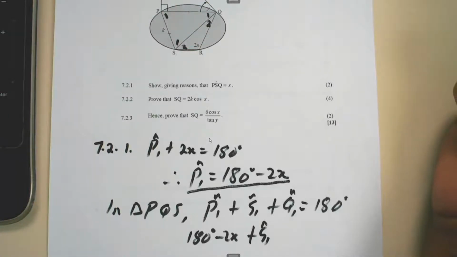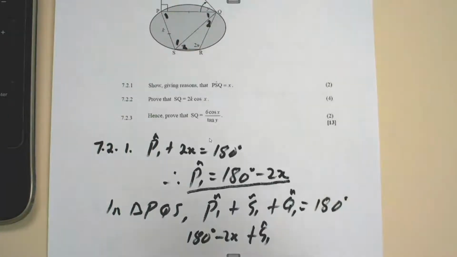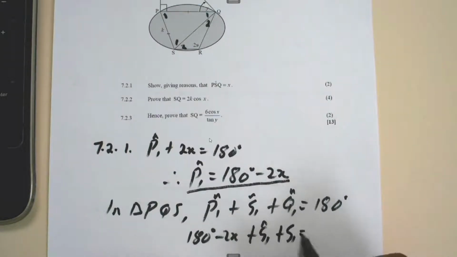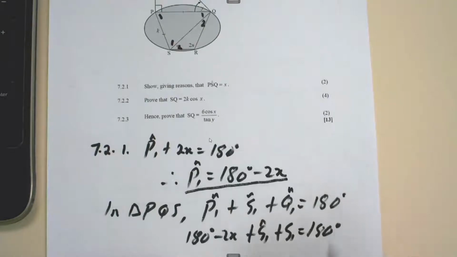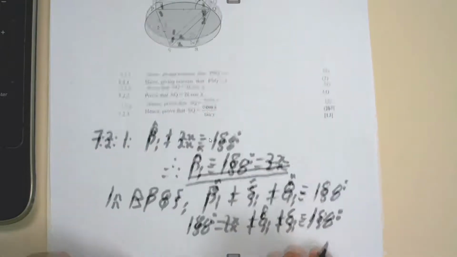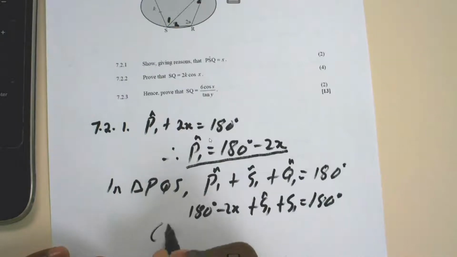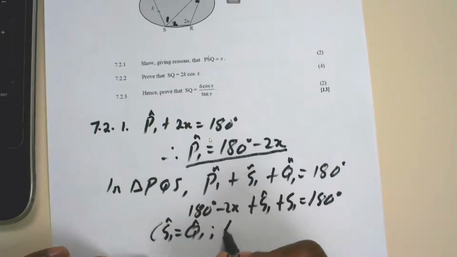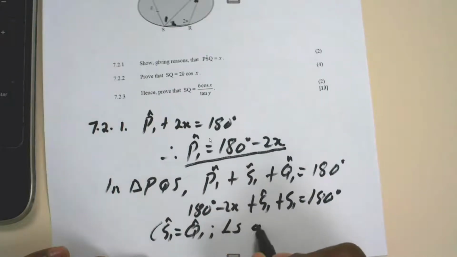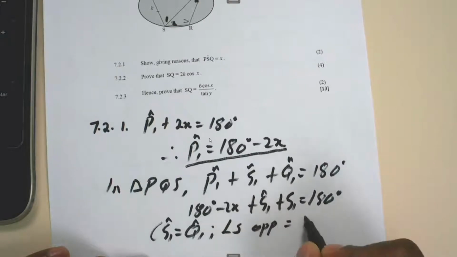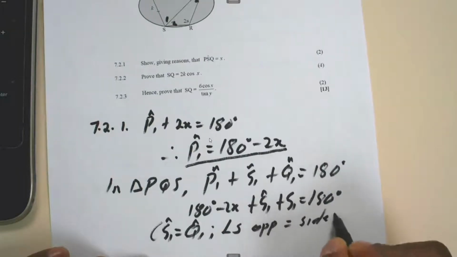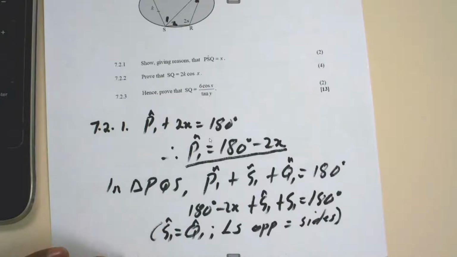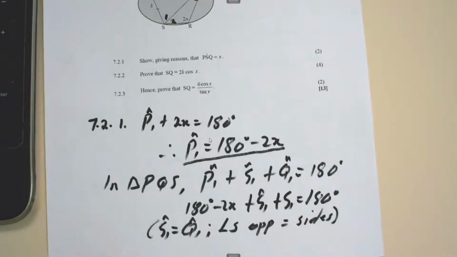So angles opposite equal sides are equal. So we substitute Q1 by S1. This must give us 180 degrees. Why do we substitute? It's because angle S1 is equal to angle Q1, the angles opposite equal sides.